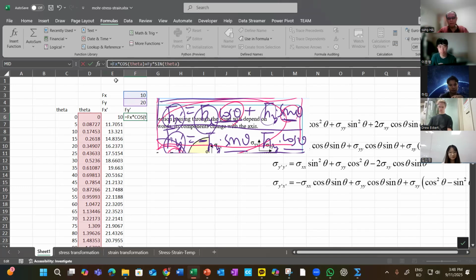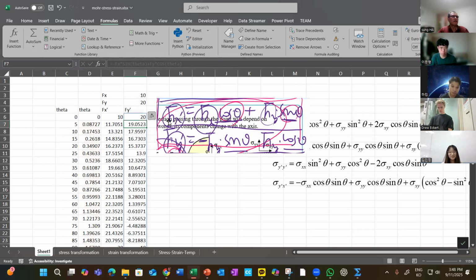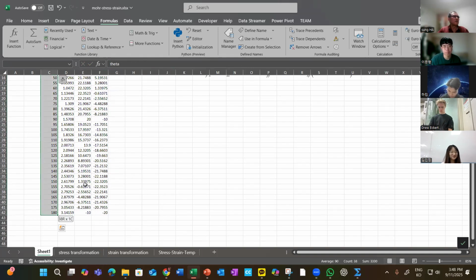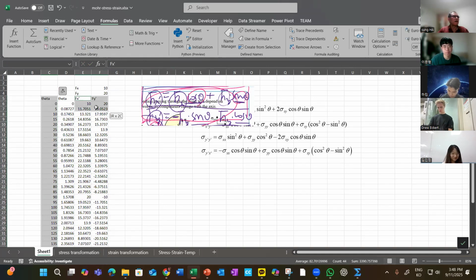So there is a minus, and instead of a cosine, this is a sine, and this will be cosine. Okay, so it's just a bunch of numbers, but let's try to plot. Then you will get a better idea.